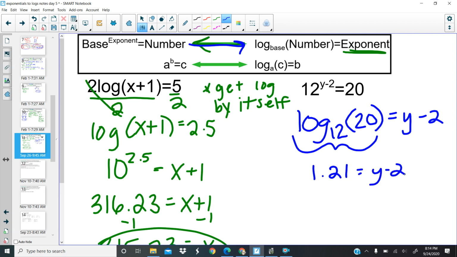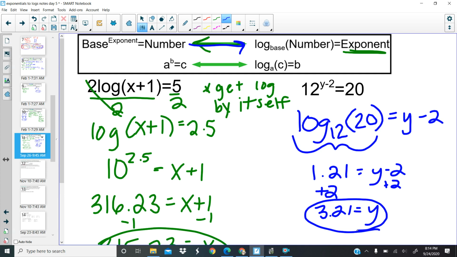And then to get the y by itself, you just need to add 2 to both sides. So then you're going to get 3.21 equals y. And that is all.